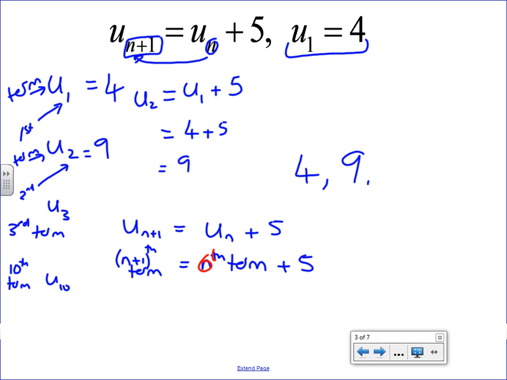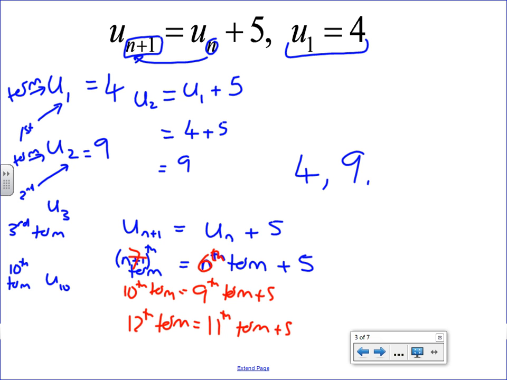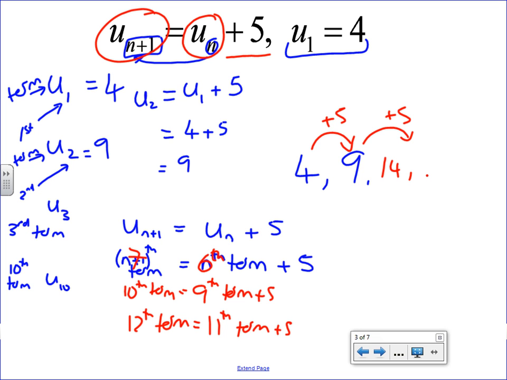So 6th term plus 5 equals 7th term. 9th term plus 5 equals 10th term. And 12th term, thinking about it the other way round, would be 11th term plus 5. So to get the next term, you add 5. Actually this is an arithmetic series, it turns out, though it doesn't have to be. If you've got a term and you add 5 to it, you get the next term. So it goes up in 5.